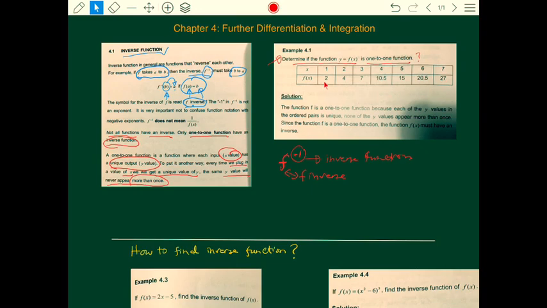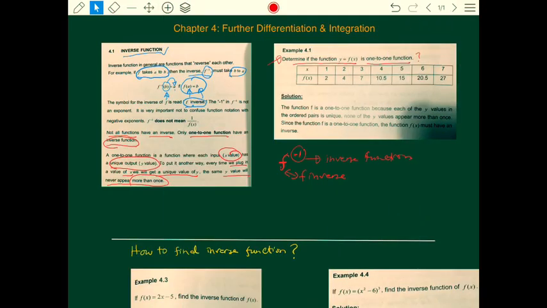If you notice here, in the fx there is no value that repeats. It all has a unique output, 2, 4, there's no repeat number here. It means that this function is a one-to-one function. That means this function can have an inverse function.